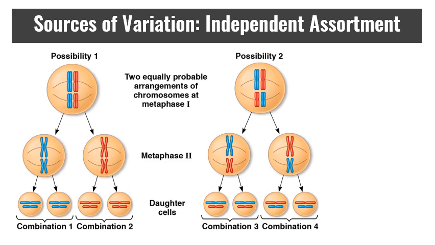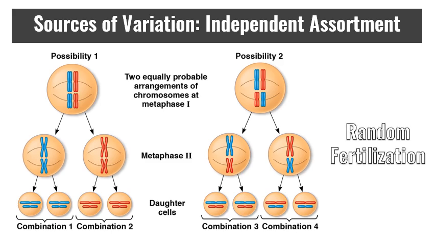So that independent assortment creates 2 to the 23rd different combinations for a human cell, for example, because you have 2 likelihoods for each of our 23 pairs. You combine random fertilization with crossing over and independent assortment, and you are nearing near infinite variation combination between any 2 people. So sexual variation has many sources of variation, including the 3 here, as well as, of course, mutation.